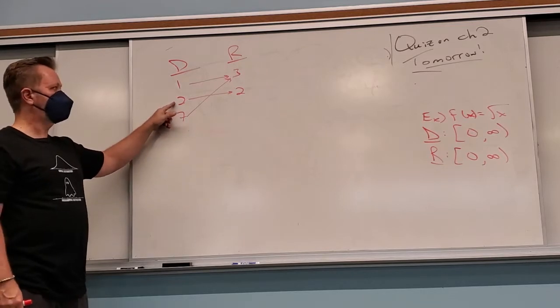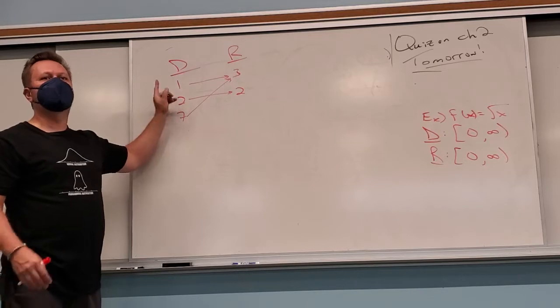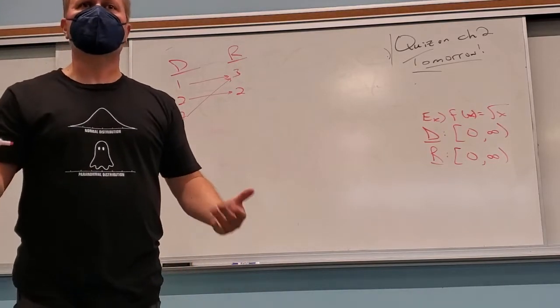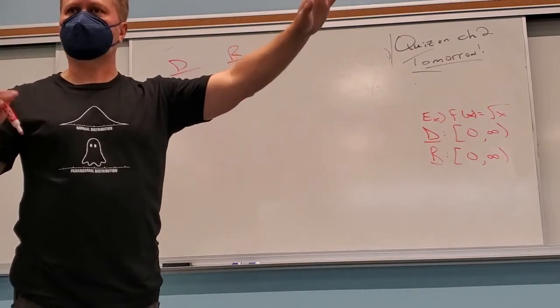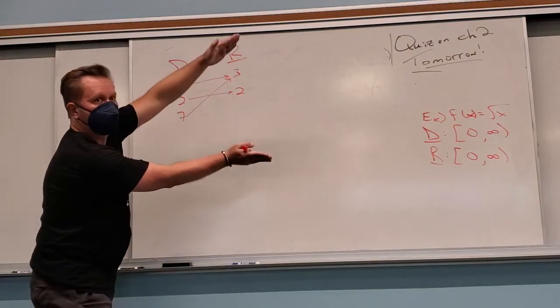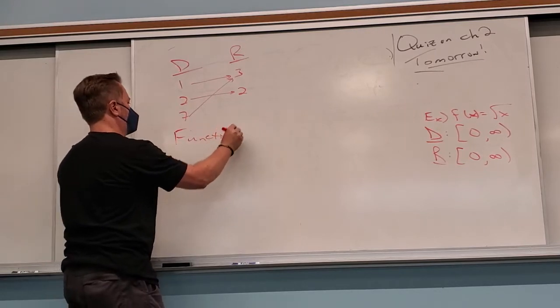Does 2 go to more than one thing? No. Does 1 go to more than one thing? What does 1 go to? 3. What's the other thing it goes to? Nothing. So does every input have only one output? Is there any input that goes to more than one thing? No. Nope. So this is a function. Check. Right?